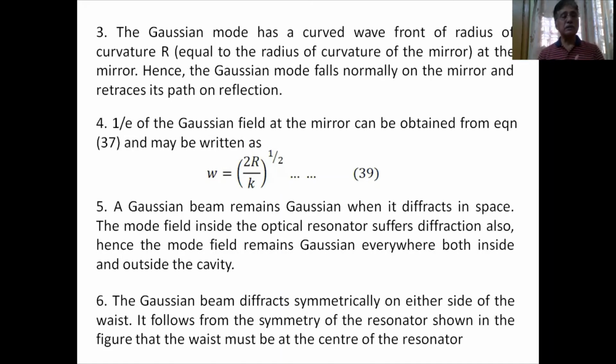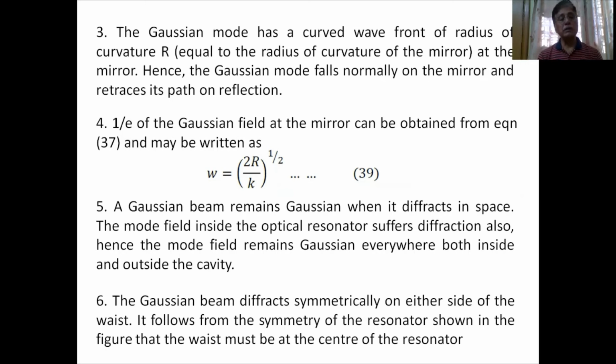That means the beam is incident on the mirror normal to its surface, and that is why it retraces its path on reflection. Hence, the Gaussian mode falls normally on the mirror and retraces its path on reflection.